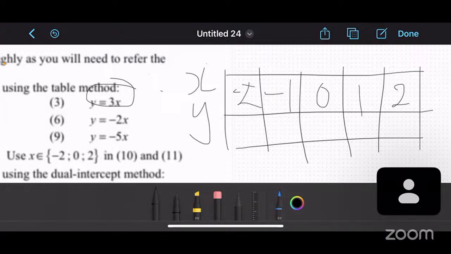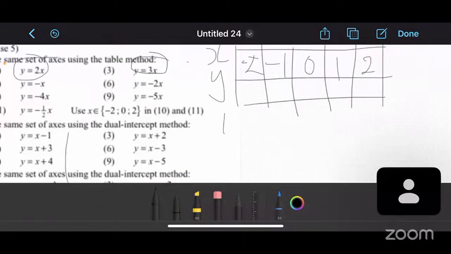Do you get me, Manahil? Yes, ma'am. So say y is equal to 3 into -2, and get the y value.